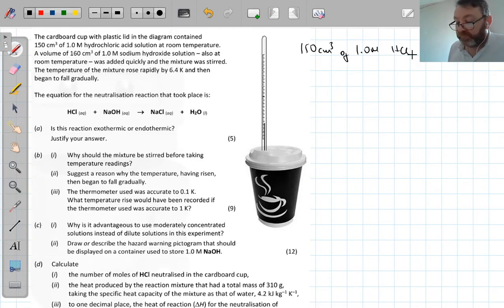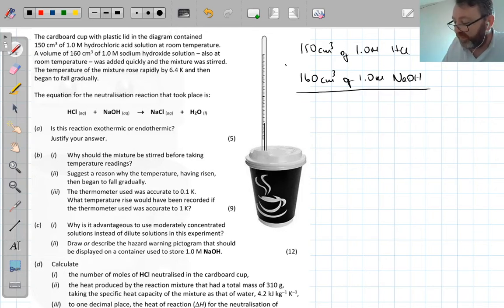A volume of 160 centimeters cubed of 1 molar sodium hydroxide, NaOH, also at room temperature, was added quickly. Now, let's just think about that for a moment. These are added together, okay? There is 150 centimeters cubed of 1 molar acid, and into that is being thrown 160 centimeters cubed of 1 molar NaOH.